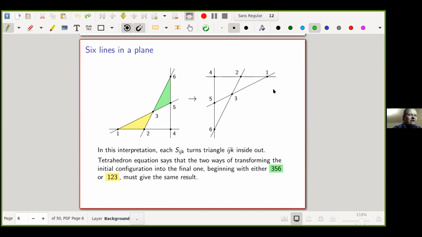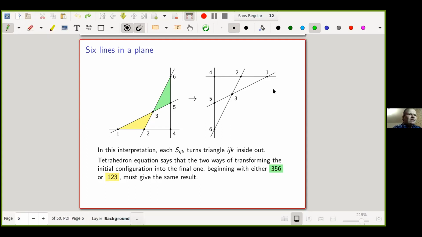When we move this auxiliary plane somehow, something may happen with our triangles here.